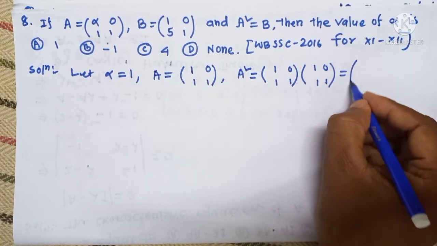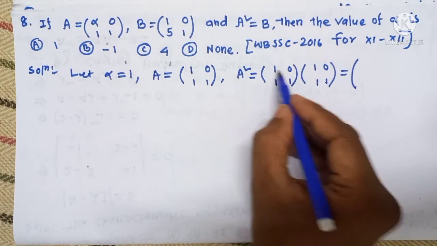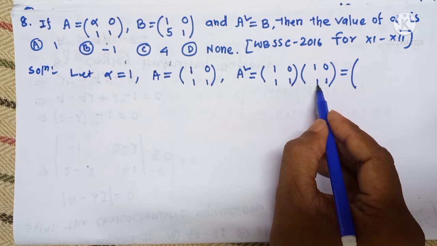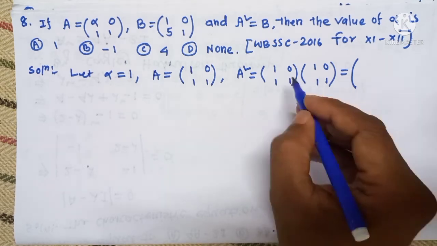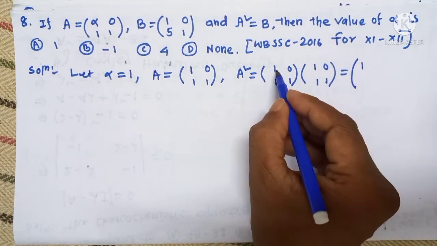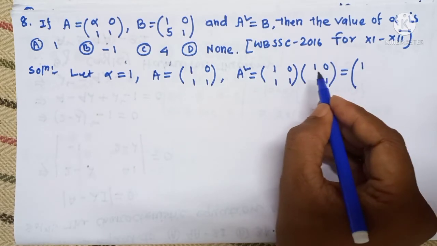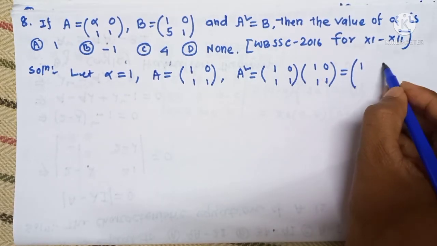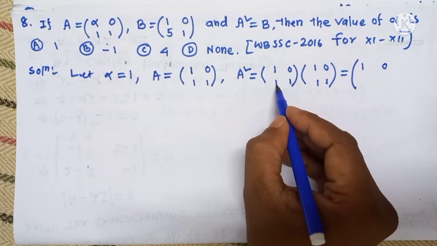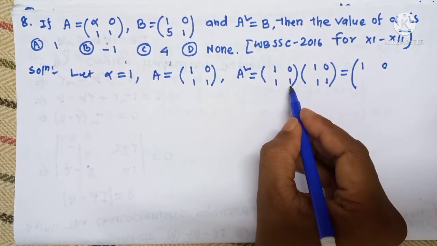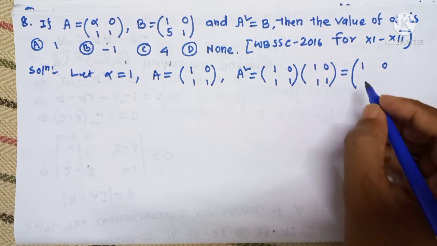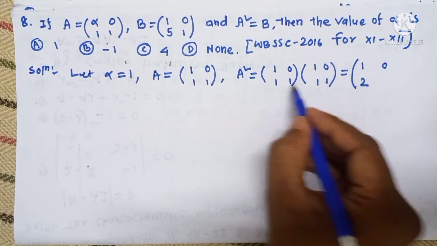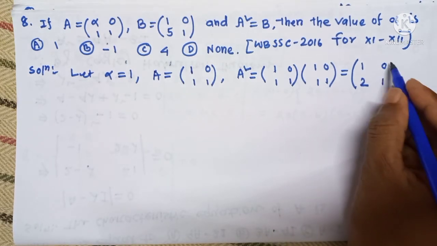This equals the matrix 1 into 1 plus 0 into 1, which is 1; 1 into 0 plus 0 into 1, this is 0; 1 into 1 plus 1 into 1, 2; 1 into 0 plus 1 into 1, so 1.